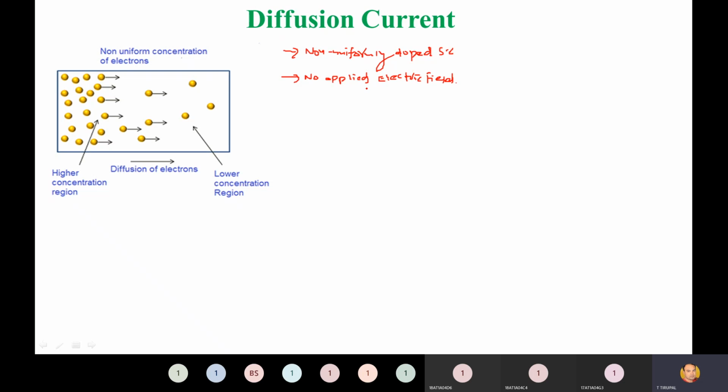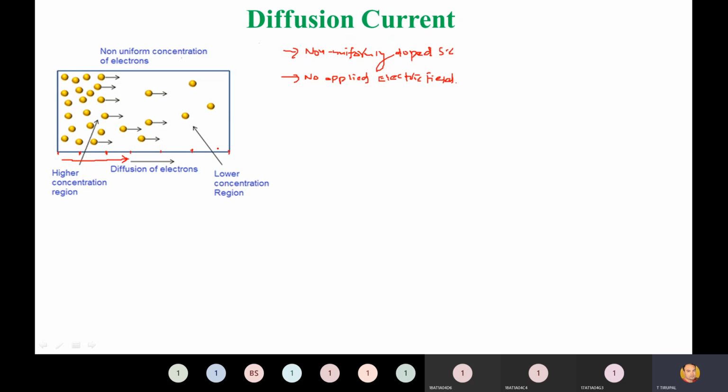So here I am taking a non-uniformly doped semiconductor. See the structure. You can see from this point to this point, it is heavily doped, and from this point to this point, it is lightly doped. As the distance increases from left side to right side, the doping concentration decreases.